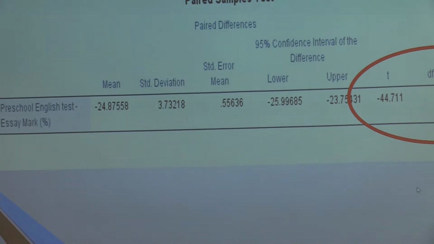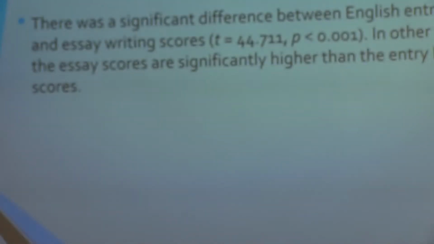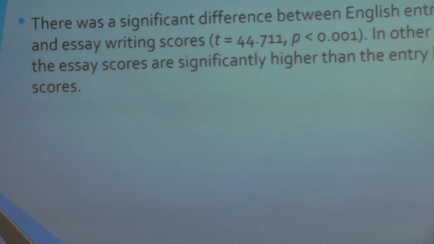So report this data. So there was a significant difference between English entry score and writing scores. Report the t and the p. In other words, the LC scores are significantly higher than the entry English scores. Okay? That's all you need to report. All right? So this is easy, right?